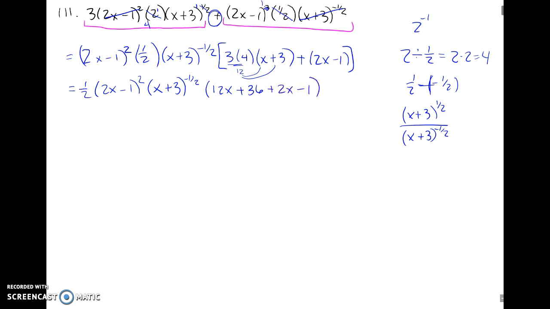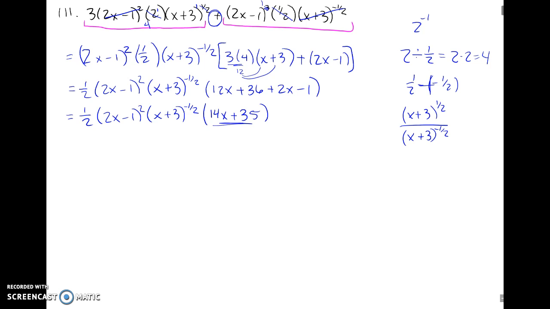Close parentheses. This can still be simplified. We have like terms on there. So 1/2 times 2x minus 1 squared times x plus 3 to the negative 1/2 times 12x plus 2x is 14x. 36 minus 1 is plus 35. Now, looking at this one, you still have a common factor in there, right?